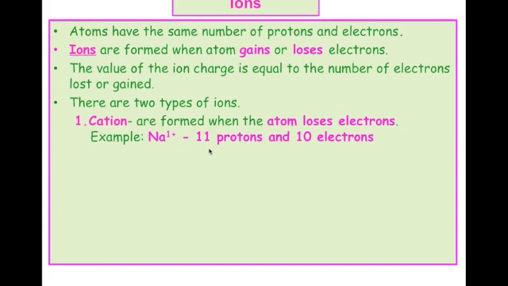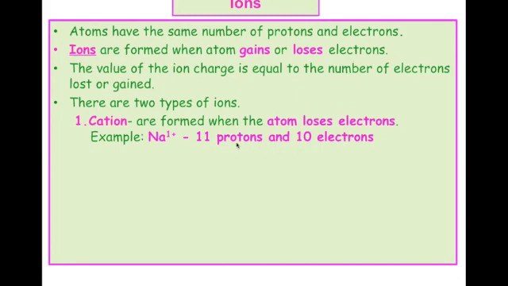Now, this ion has 11 protons, and we've learned earlier that the number of protons, or the atomic number, will determine the identity of the element. So, the element that has 11 protons is sodium. We also recognize that the number of protons and the number of electrons are not the same, so it cannot be an atom.